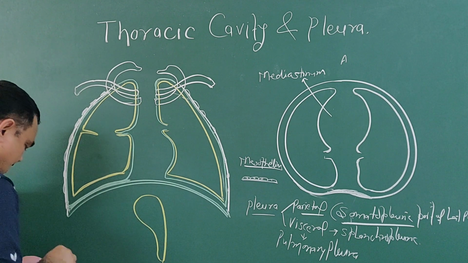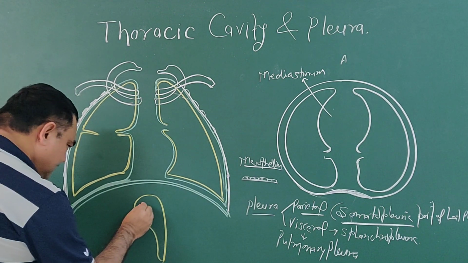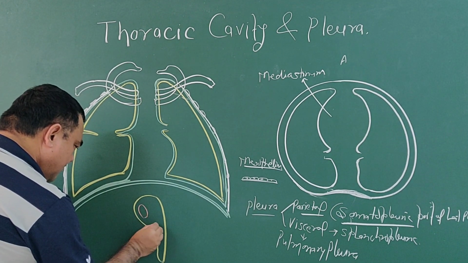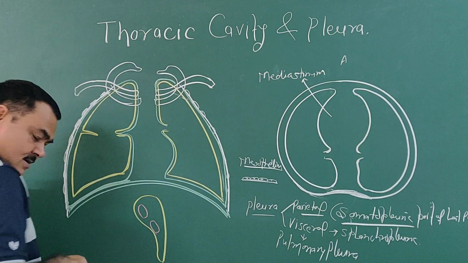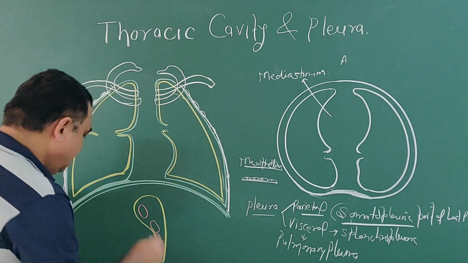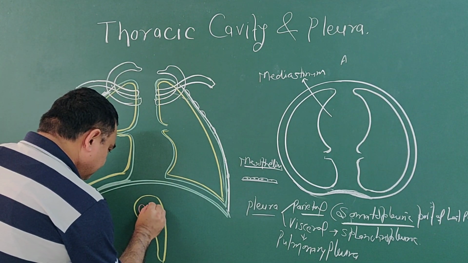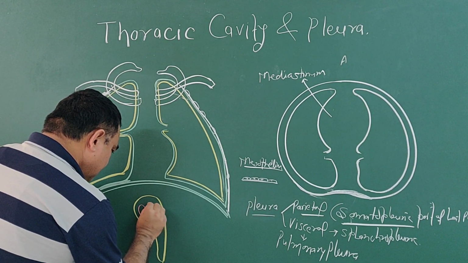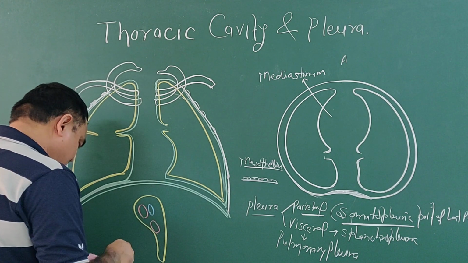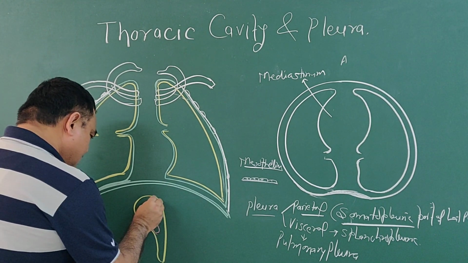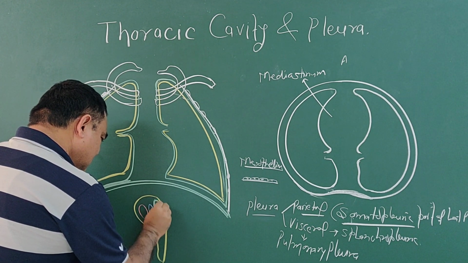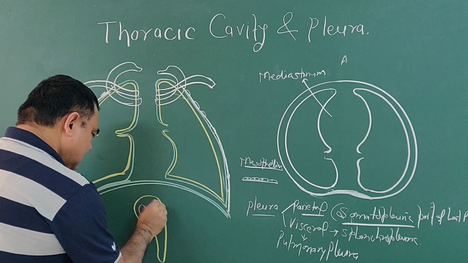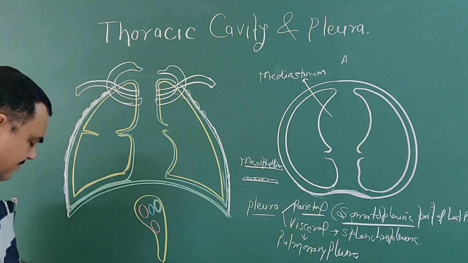This is the root. Here, these are two pulmonary veins. Here is the pulmonary artery, and here lies the bronchus. So these structures are present.